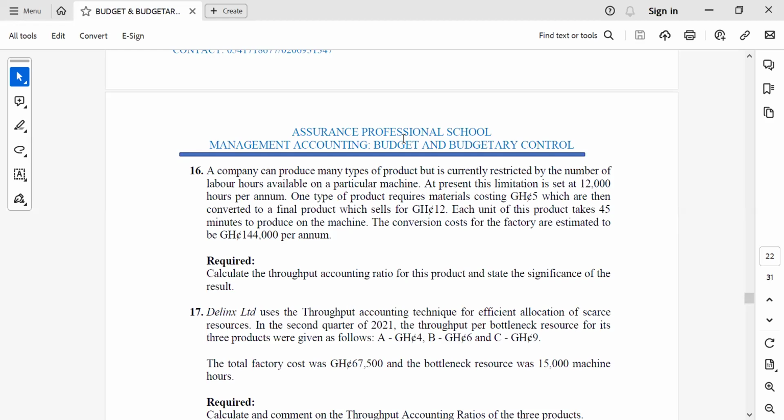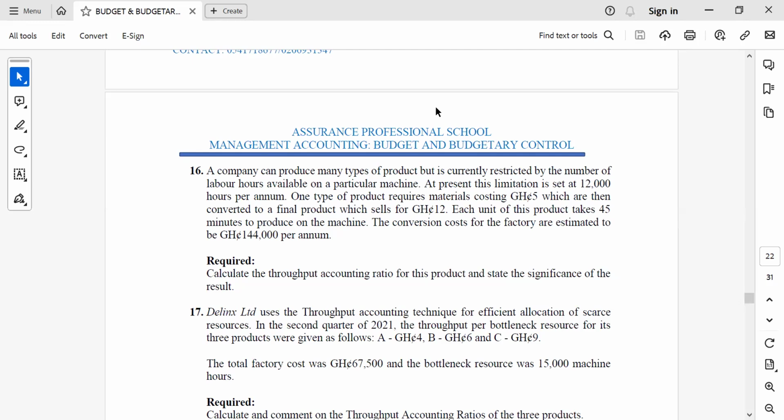A company can produce many types of product, but is currently restricted by the number of labor hours available on a particular machine. At present, this limitation is set at 12,000 hours per annum. One type of product requires material costing 5 cedis, which are then converted to a final product which sells for 12 cedis.